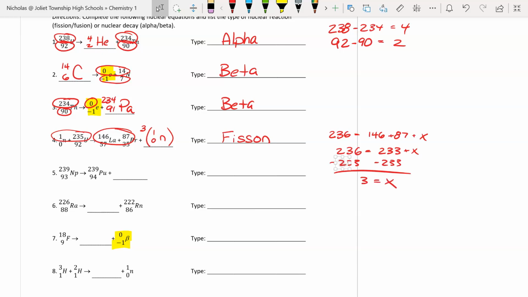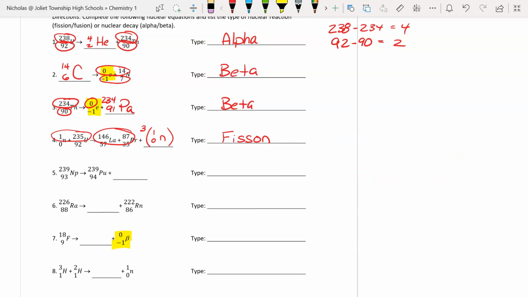Now, the only thing we're going to be adding here, because we know it's fission, is going to be our neutrons. And neutrons have a mass of 1, but we need 3 of them. So again, I'm putting a 3 in front. That 3 distributes to the 1. It also distributes to the 0. But again, we're only concerned with the mass here.